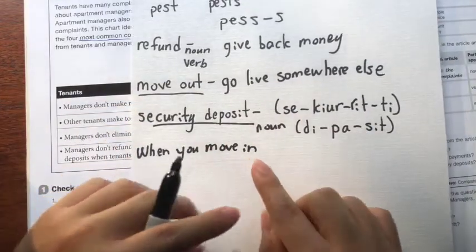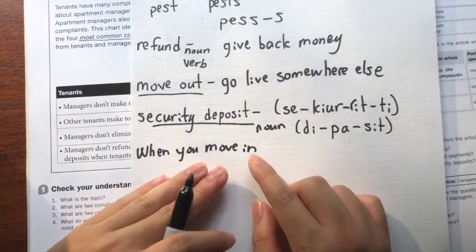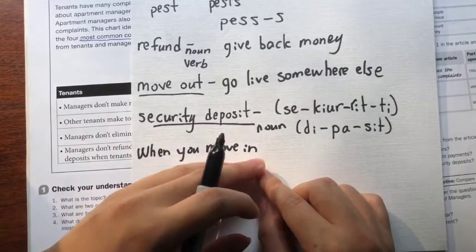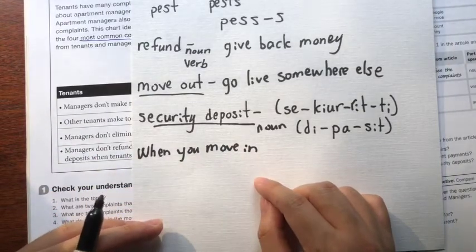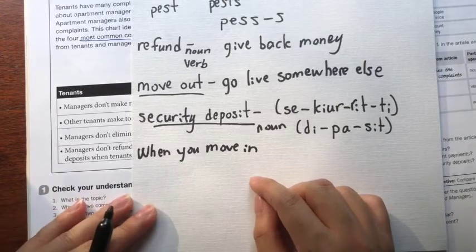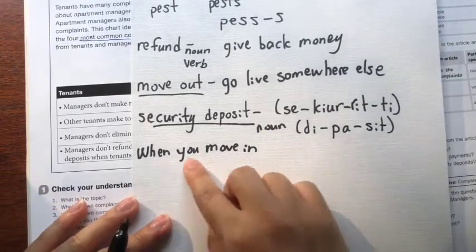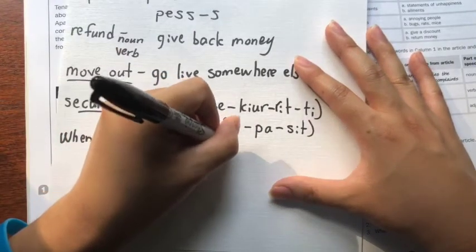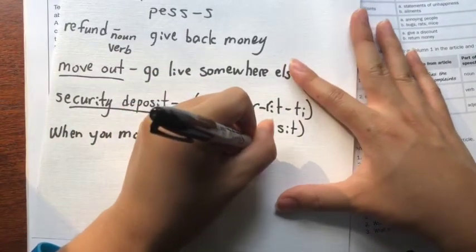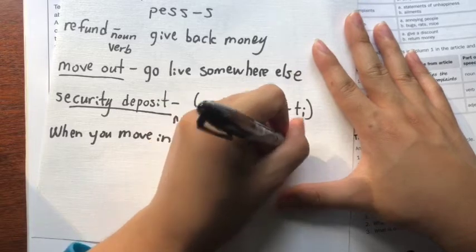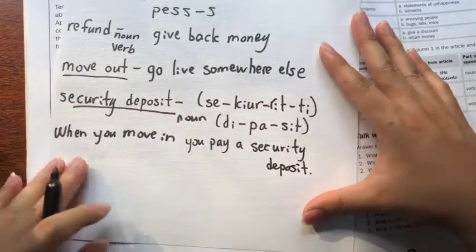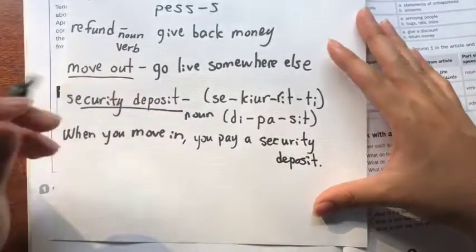Move in means you go live here. So if you move into my house, you want to live in my house. If you move out of my house, you want to live in a different place. So when you move in, you pay a security deposit.